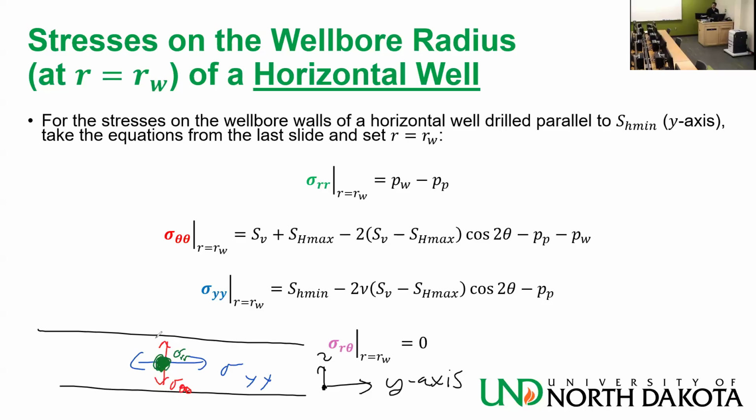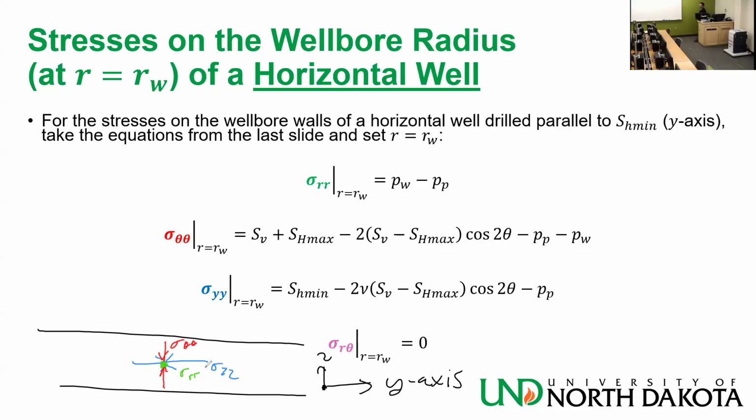I drew the arrows a little bit, they should be the other way, but it should be like this. Sigma ZZ. It should be sigma theta theta, and sigma r coming out of the screen.